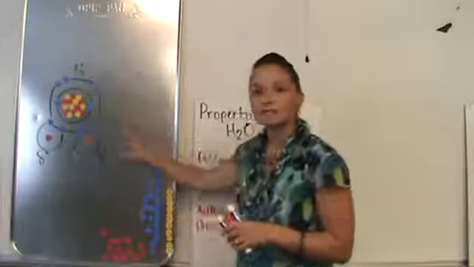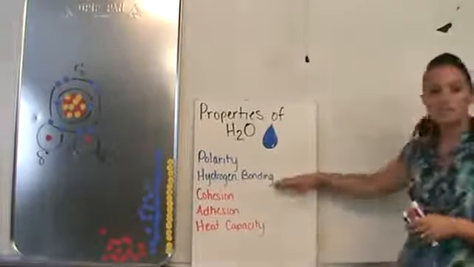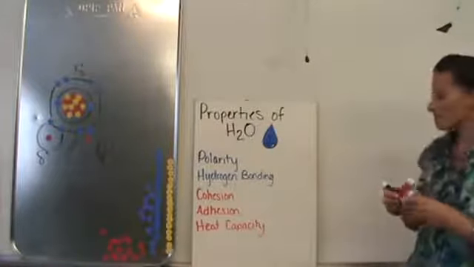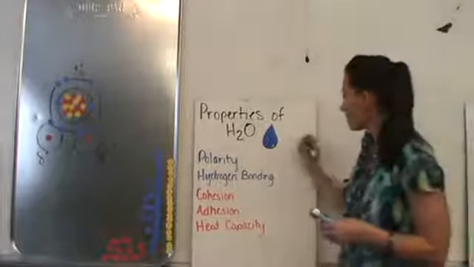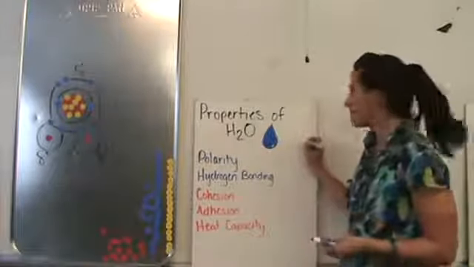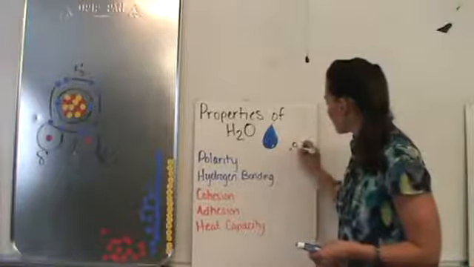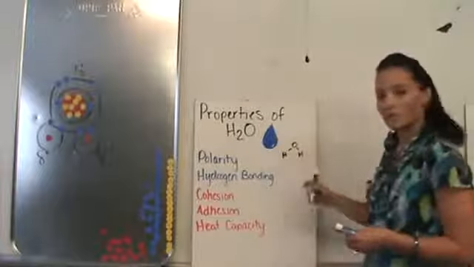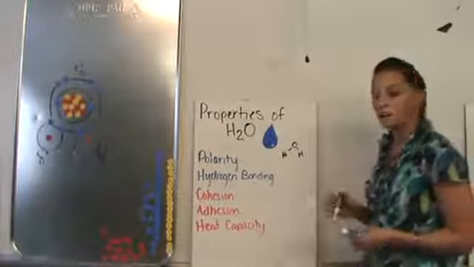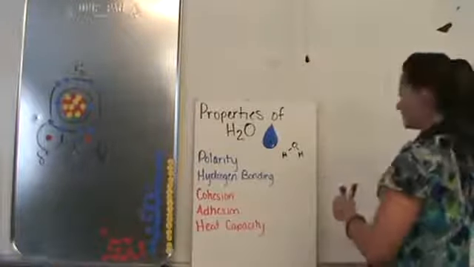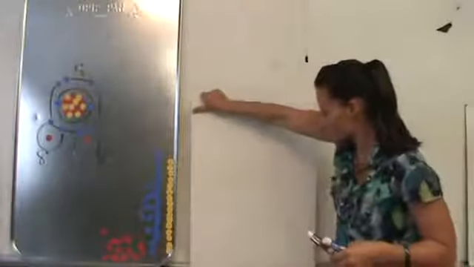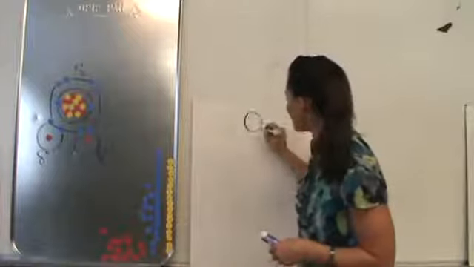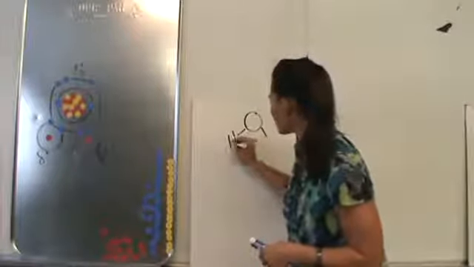Okay? This polarity actually leads into something called hydrogen bonding. Because we have our slightly positive and our slightly negative sides, our oxygen actually likes to bond with the hydrogen of other water molecules. So if I bring in an extra board here, we have our oxygen molecule here at the top that's joined with our 2 hydrogen molecules.